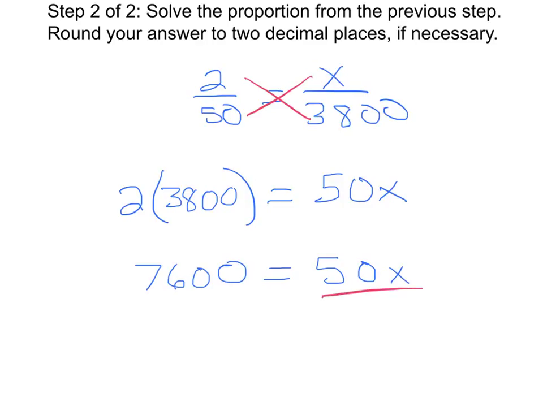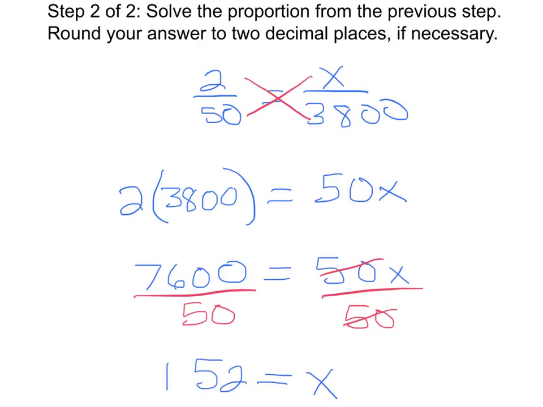Then we want to get x by itself by dividing. And we have to divide both sides by 50, and we get x equals 152. Okay, so that's the number of computers that are defective out of the 3,800.